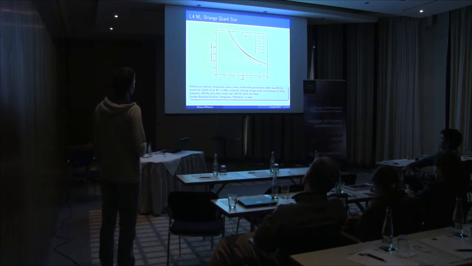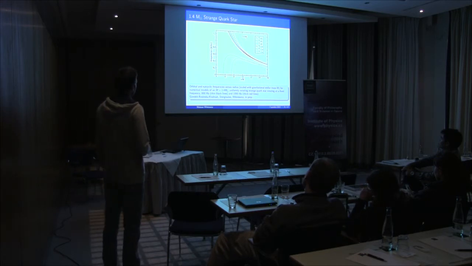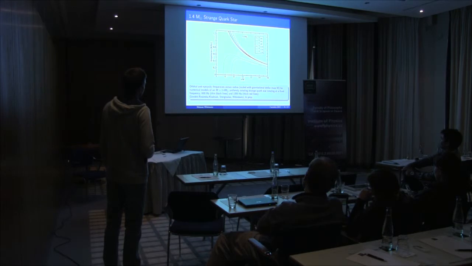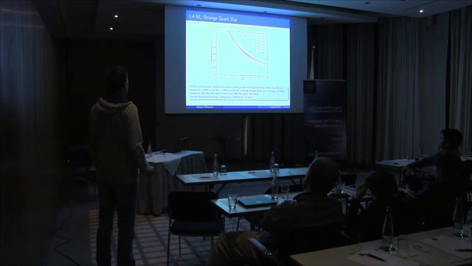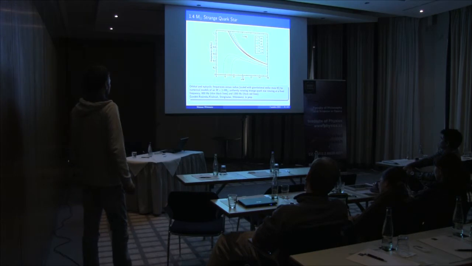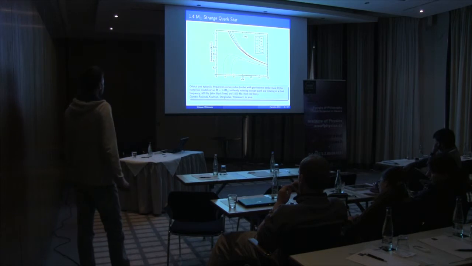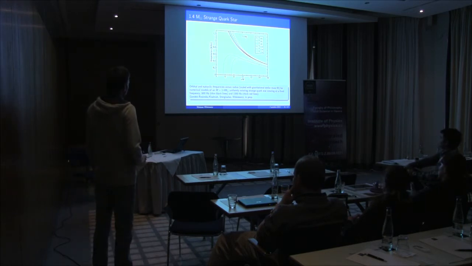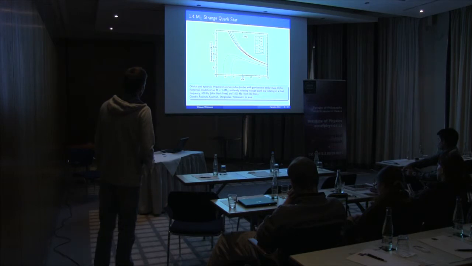The black line corresponds with a rotational frequency equal to 600 Hz, and the red corresponds with about 1.2 kilohertz. Okay, we see that for a moderately rotating strange quark star, we have similar behavior as in the case of black holes.